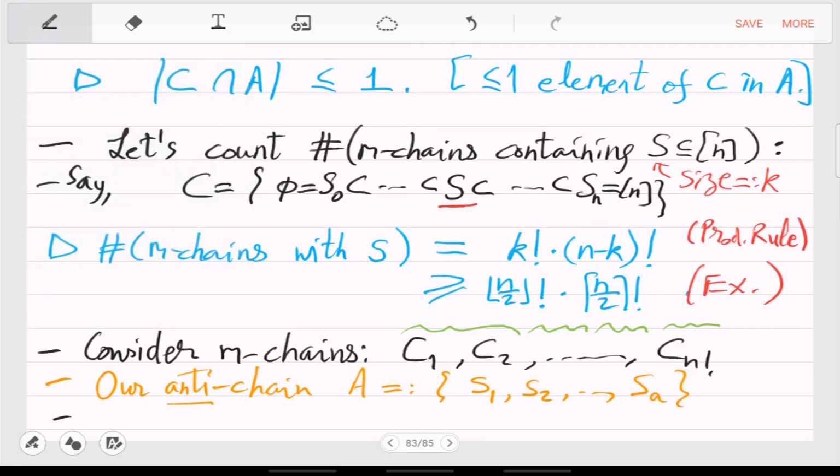Right, intuitively, any of these anti-chain elements can appear in around n factorial by a chains, by averaging, but we have to make this formal because some may appear more and some may appear less and some may not appear. Actually, can it happen that an Si doesn't appear in any of the M chains?